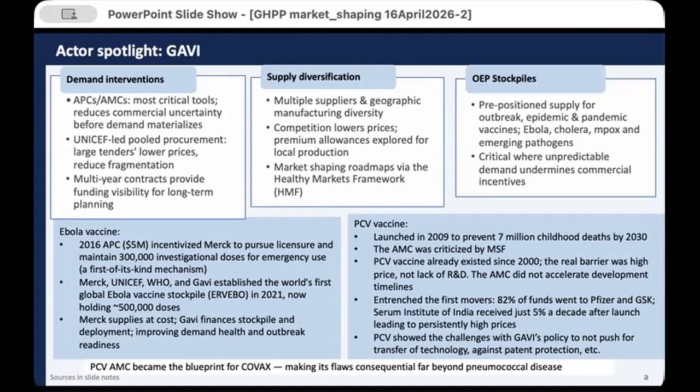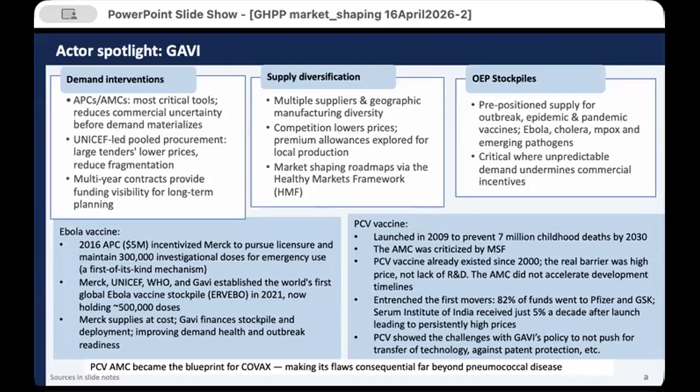And based on one of the interviews, we got to know that the sixth version of it is being finalized as we speak. And for outbreak, epidemic, and pandemic pathogens like Ebola, cholera, mpox, and emerging threats, Gavi maintains an outbreak epidemic prevention stockpile, which is critical where unpredictable demand would otherwise undermine any commercial incentive to maintain supply.